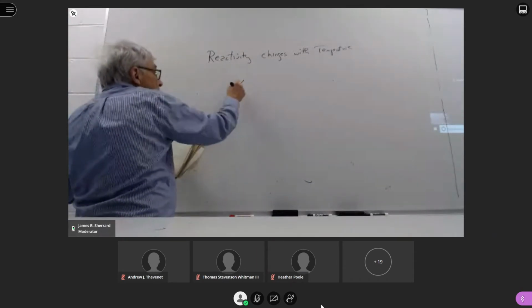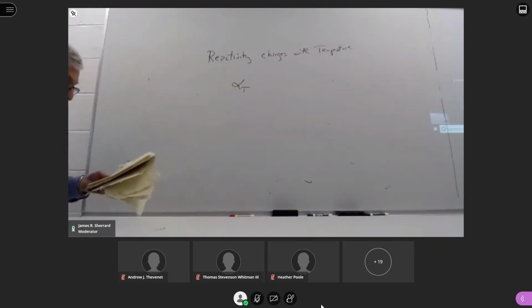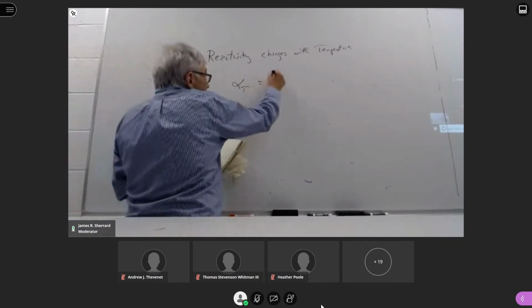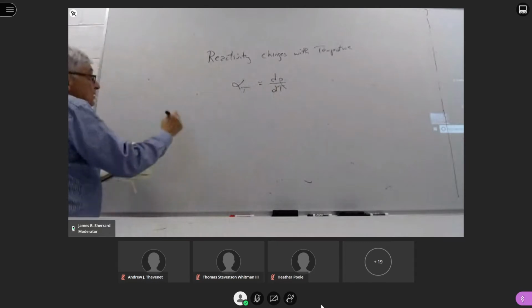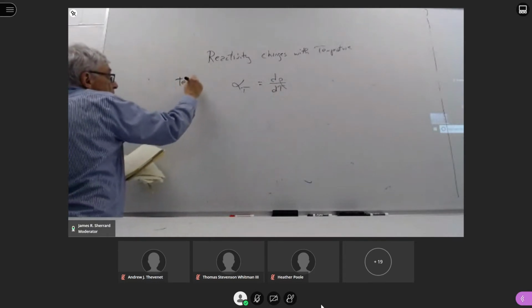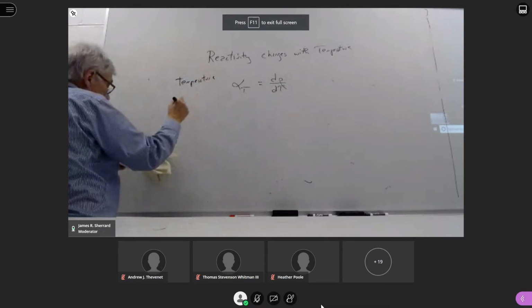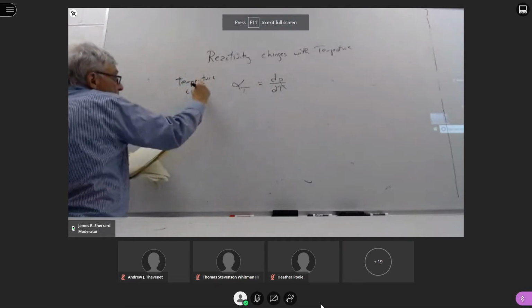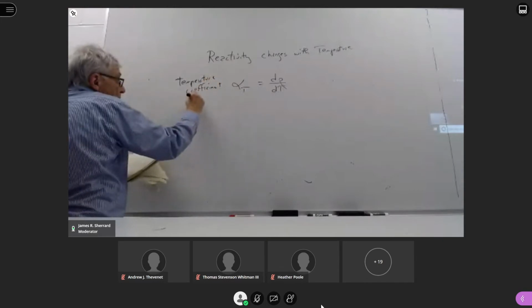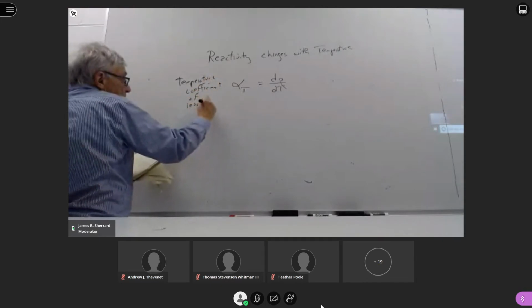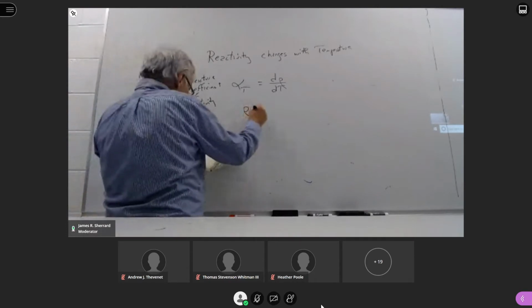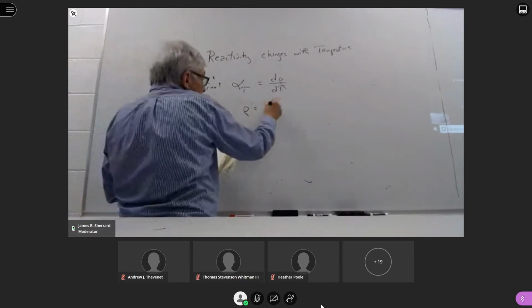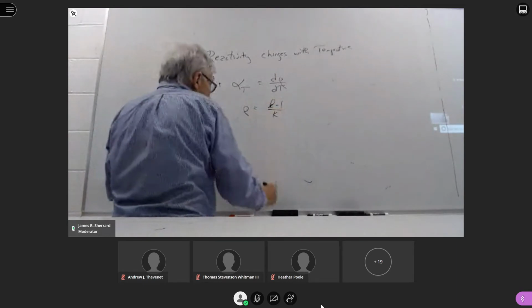And this is called alpha sub T, and it's looking at the change of reactivity with change to temperature. And this is called the temperature coefficient of reactivity. We know reactivity is equal to K minus 1 over K.